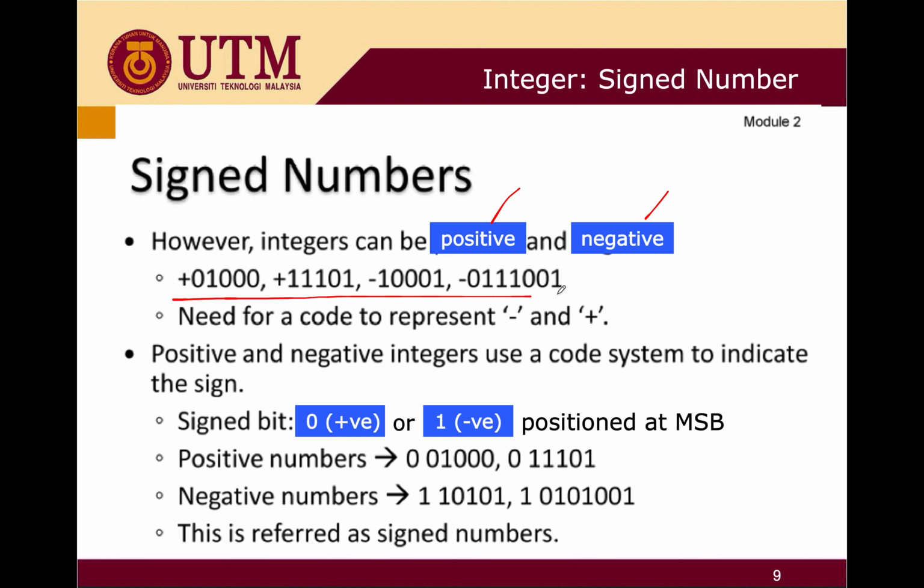So this is an example of positive and negative values in terms of binary, or base 2.